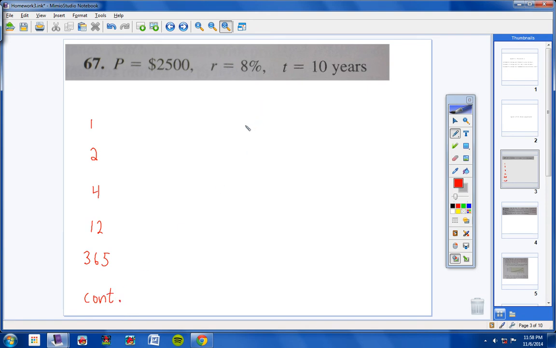First of all, we want to find out the balance, how much money we'll have after we have left the money in the bank for 10 years, with it being compounded once every year. So here's the formula. For the P, I'm going to substitute 2,500.